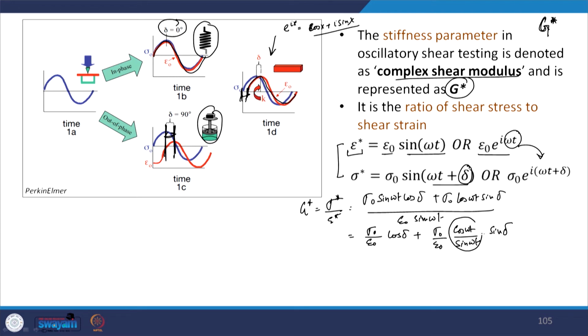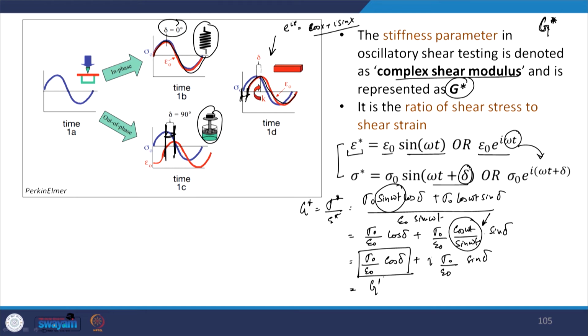Now, cos omega t is nothing but sin of omega t plus 90, and this is the out of phase component, so I can describe it in complex notation: sigma naught by epsilon naught cos delta plus i sigma naught by epsilon naught sin delta. This first part is the in phase component and this is the out of phase component. The in phase part is denoted as G dash, which is the storage modulus.